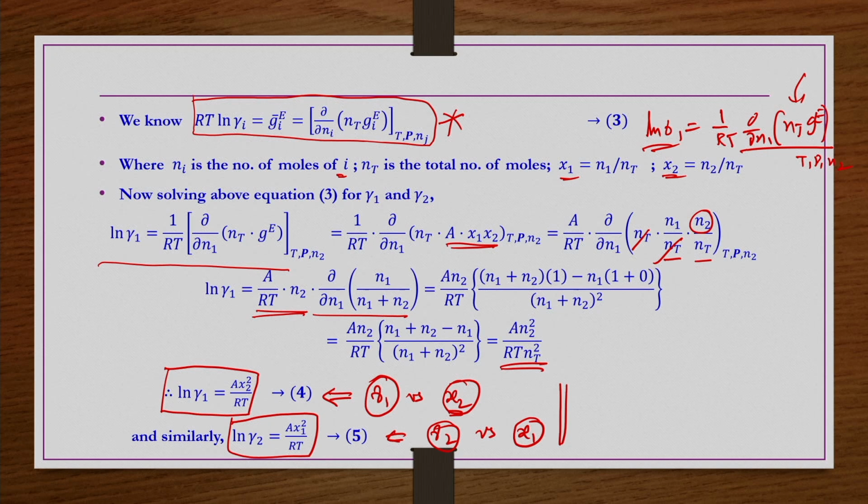Okay. So, these ln gamma 1 and ln gamma 2 are for the 2 suffix Margules equation. This is how you can develop the activity coefficients of components present in the mixture using the GE expression.